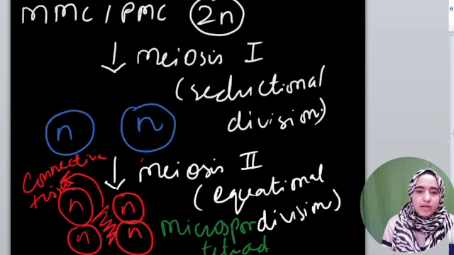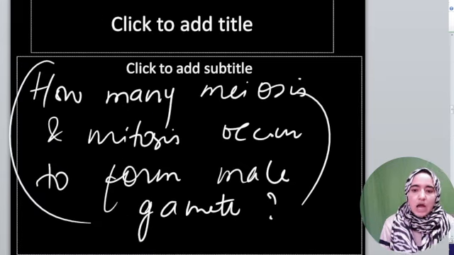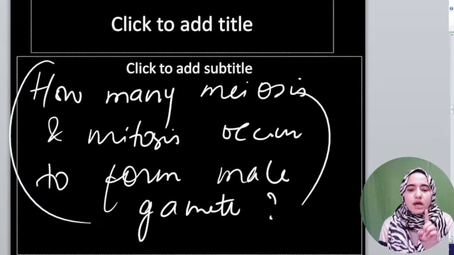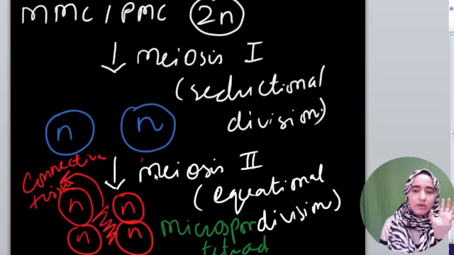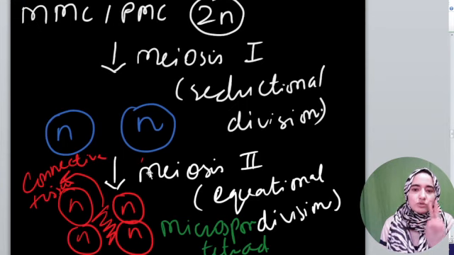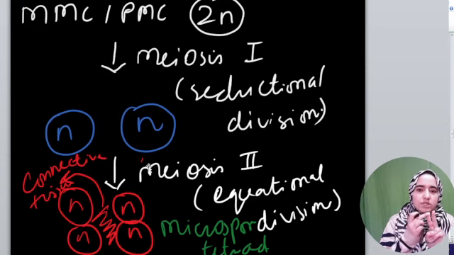My question was, how many meiosis and mitosis occur to form a male gamete? Nobody will say two meiosis. I already mentioned meiosis 1 and meiosis 2. It's equal to one meiosis, because meiosis itself is divided into two parts, but together, meiosis 1 and meiosis 2 form one meiosis.